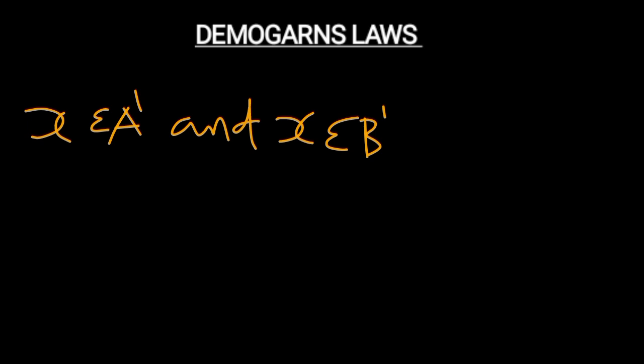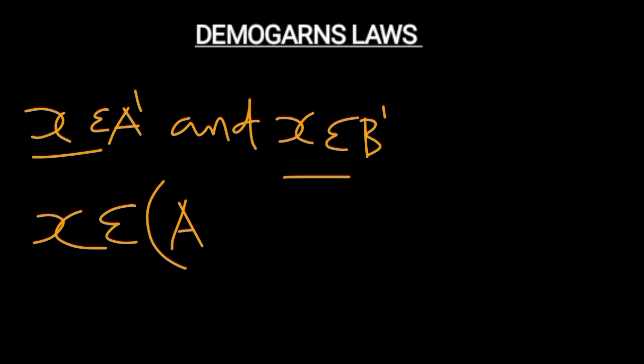What we are going to do here now is factorize. We take which is common here and here. Here it is X is a member of, even here it is X is a member of. So those two are common, so we put them outside the brackets. So we say X is a member of, and then open bracket, A complement.